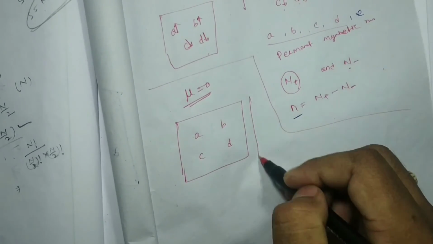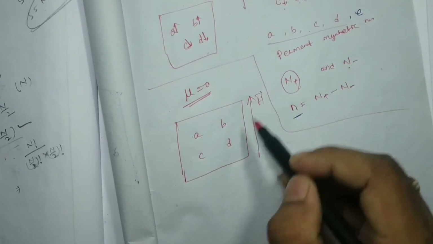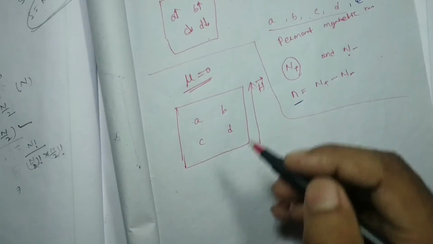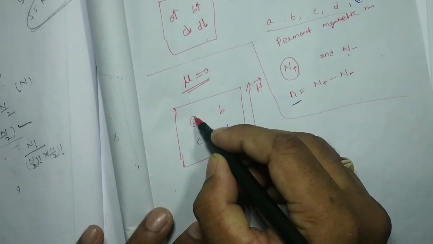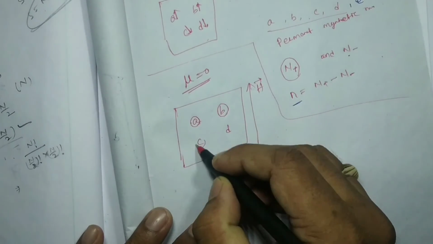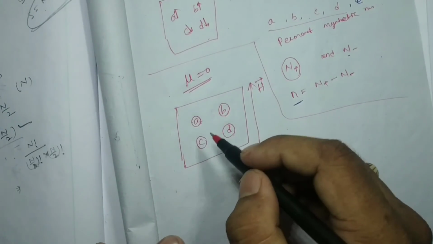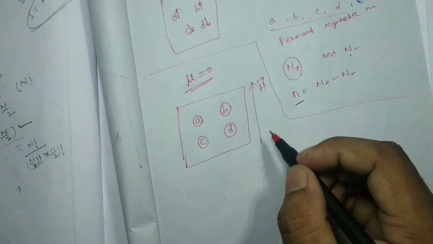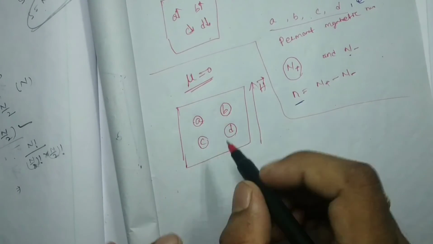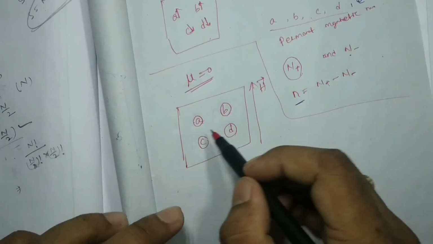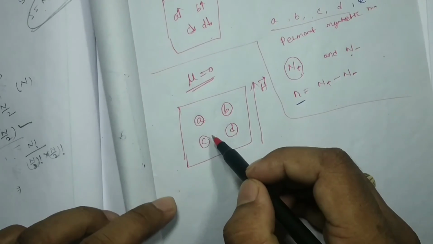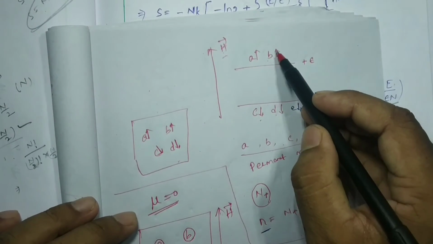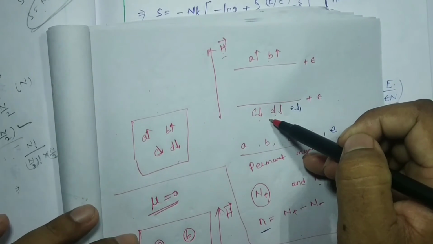So whenever we apply a magnetic field, then an induced magnetic field will be generated inside the particle. Whenever the induced magnetic field is generated, in this case any one of the particles can be plus half, can be parallel or can be antiparallel.